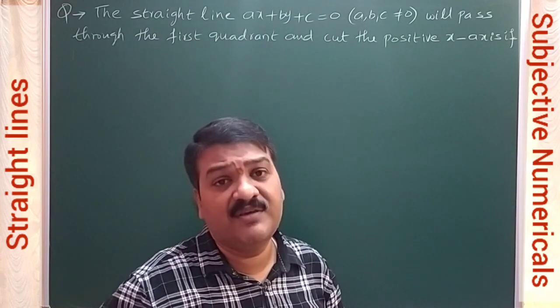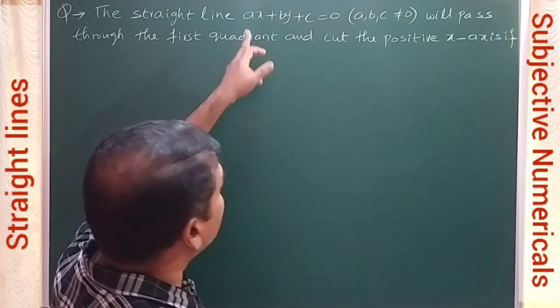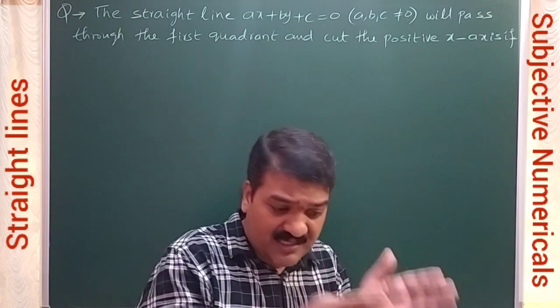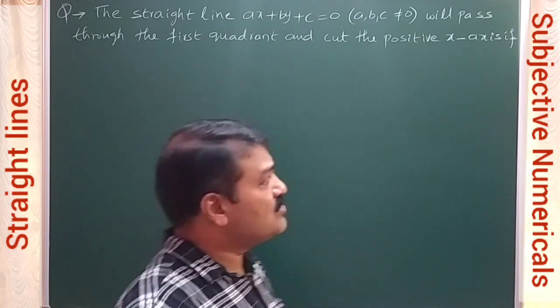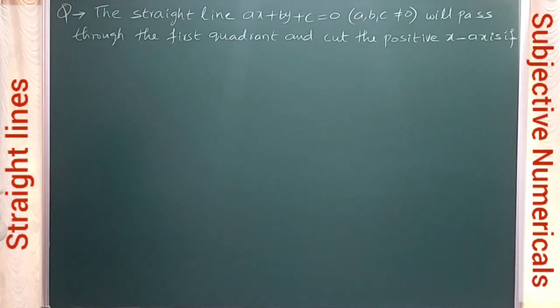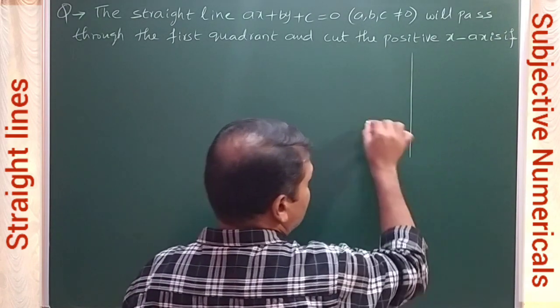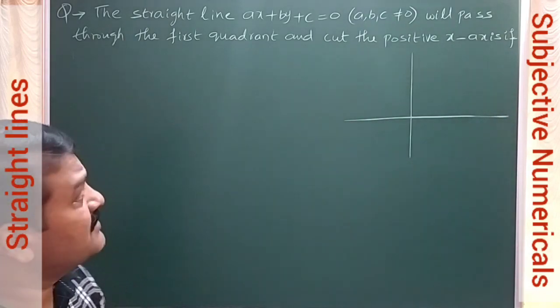Actually, we have to find the relation connecting a, b, c, whether a is positive, b is positive, c is positive and all those things. Those types of conditions we have to find here. So the given condition has two possible cases.